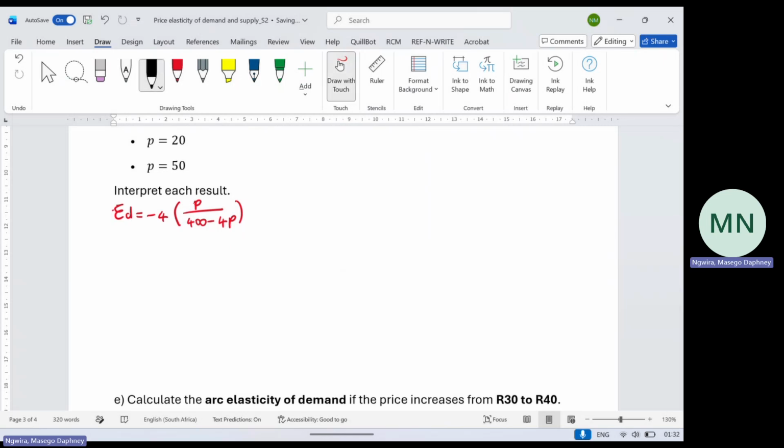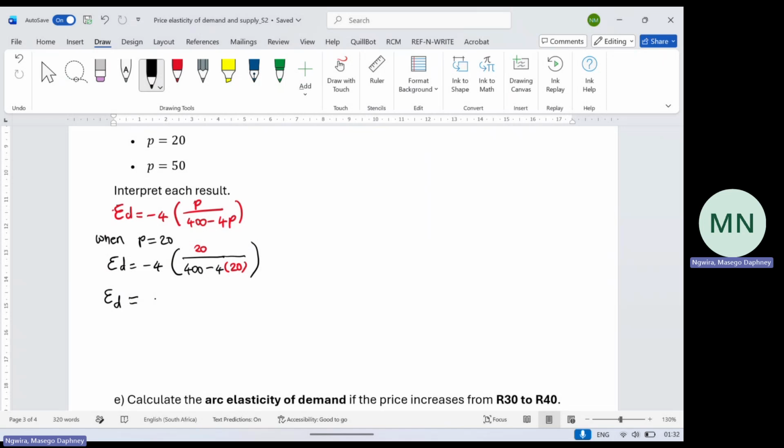So firstly, when our P is equal to 20, let's see what's going to happen. ED is equal to -4, open bracket, your P is 20, so this will be 20 over 400 minus 4, our P again is 20. And then we get the answer.